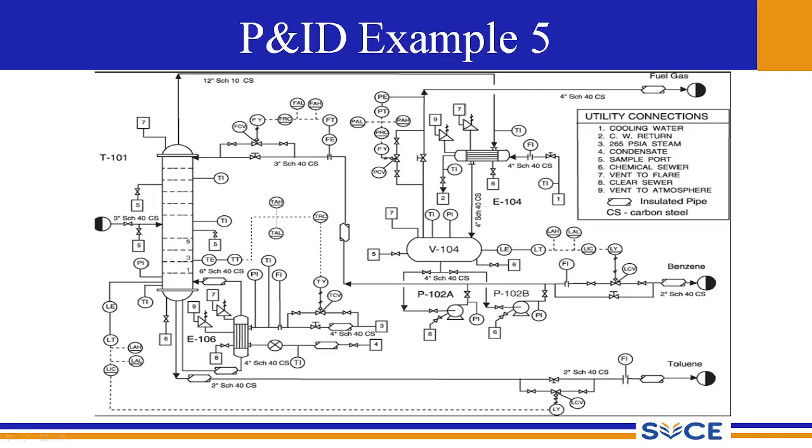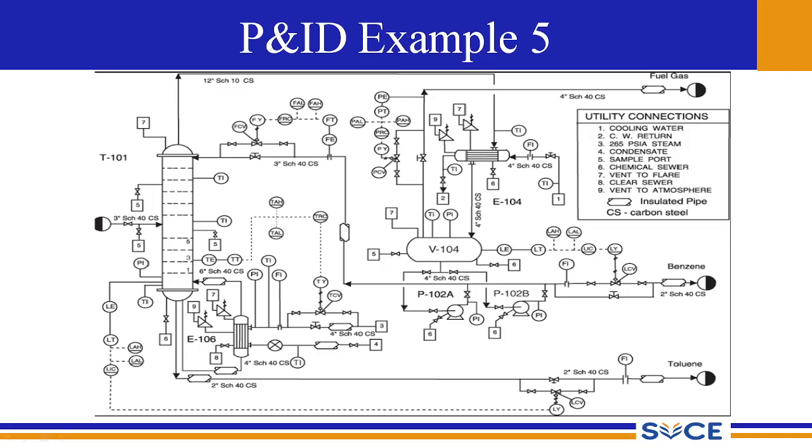So this is an example P&ID diagram for the separation of benzene and toluene. You can also practice reading the P&ID by looking at this diagram and understanding how the process flow is happening. The separation system of benzene and toluene is explained here.